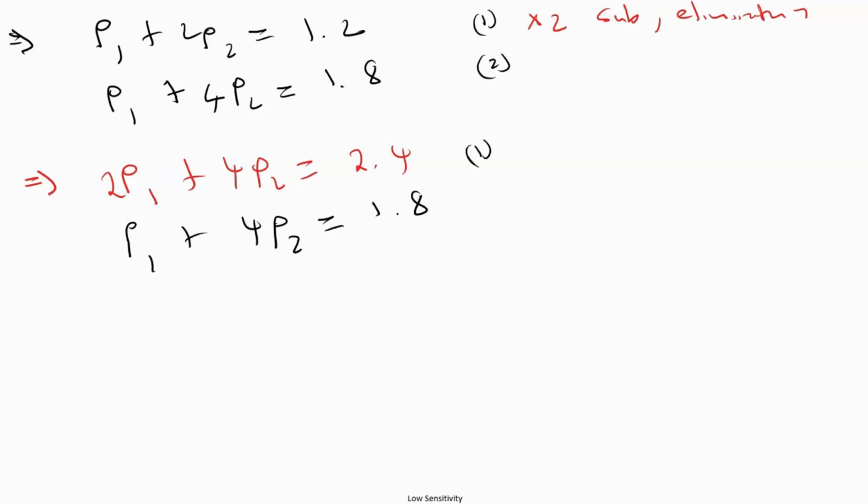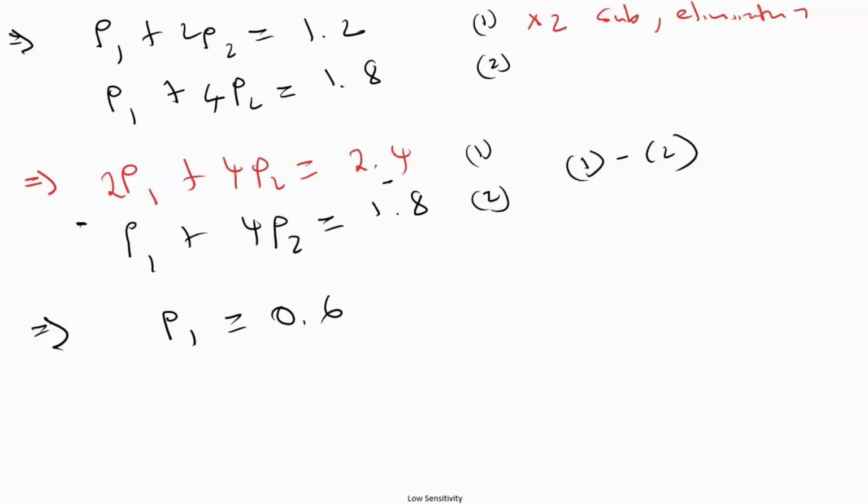In order to eliminate P2, I can subtract equation 2 from equation 1. What I end up with is P1 is equal to 0.6, because 2.4 minus 1.8 is 0.6. So I've solved for P1.